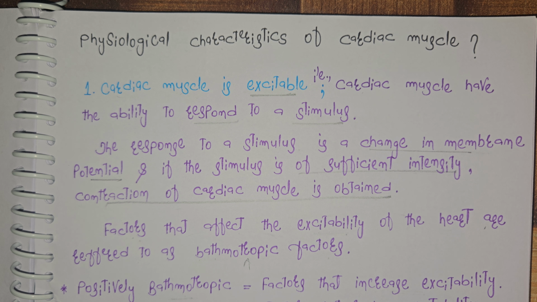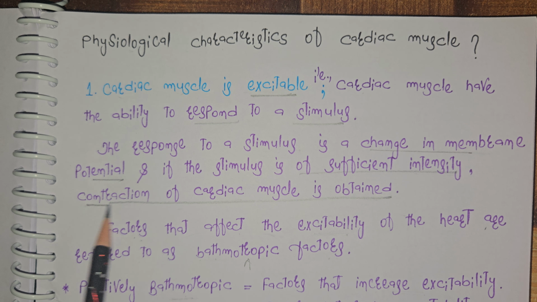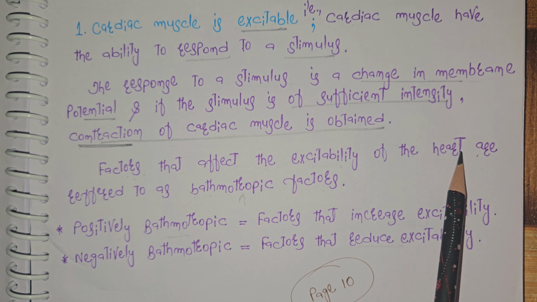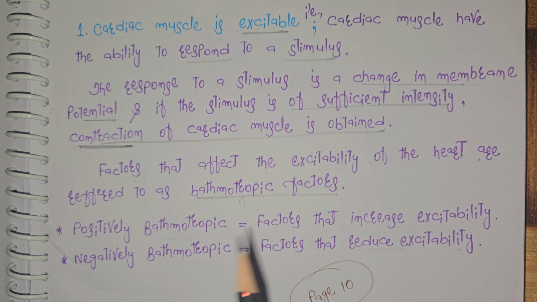So whenever we use stimulus, there is a change in the membrane potential. And if we use the stimulus strong enough, the change in the membrane potential is so that the cardiac muscle contracts. Clearly.